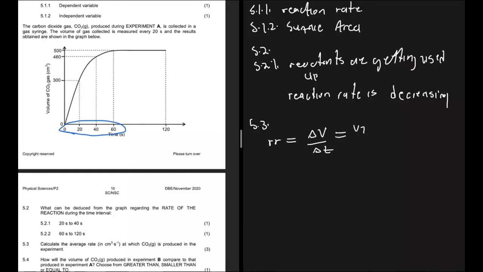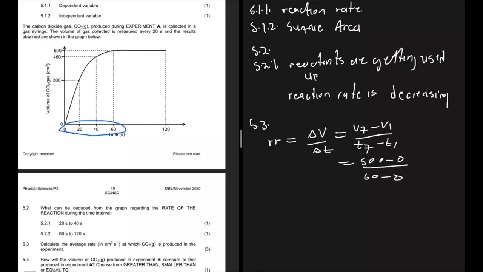So we're going to have volume final minus volume initial divided by time final minus time initial. So what is the volume final? The volume final is 500 cm³. So we're going to have 500 minus 0, because initially it was 0, and then we divide that by the final time, which is 60 seconds, minus 0 seconds.